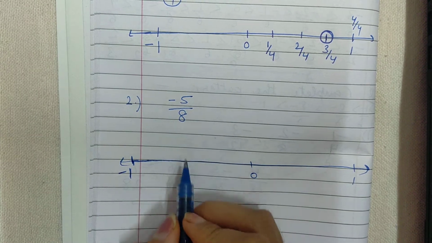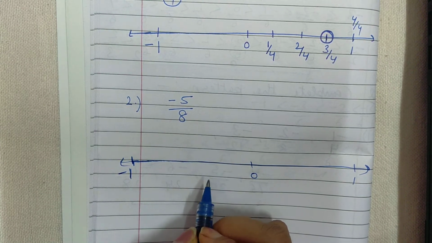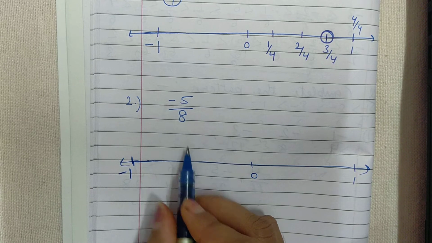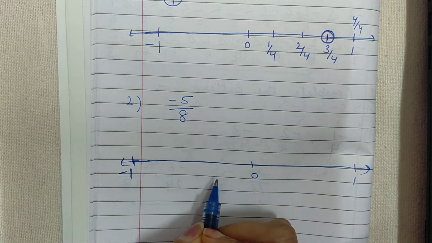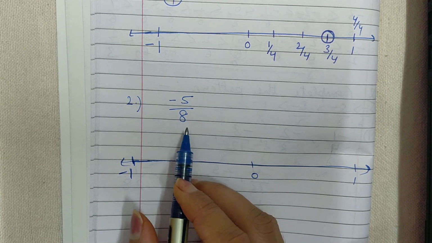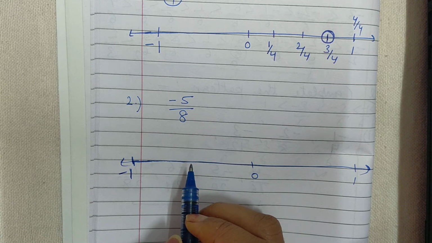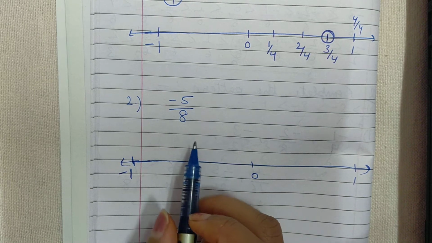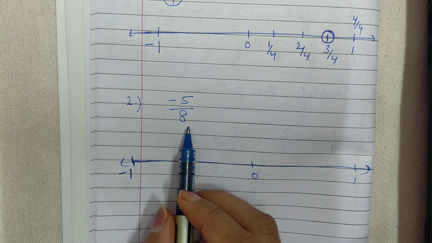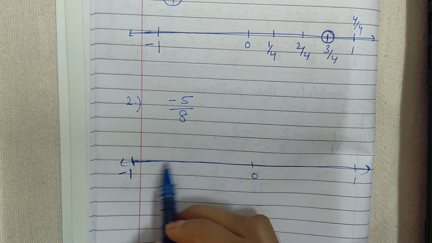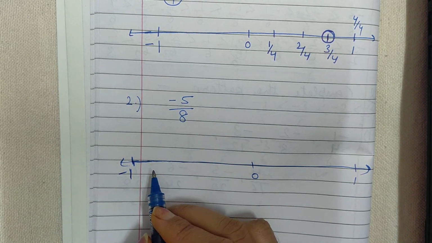Denominator is 8. So we will divide it into 8 equal parts. Whatever the numerator is, numerator is 5, we will count that many parts. So whatever the denominator is, we have to divide it into that many parts. Denominator is 8, so we will divide it into 8 equal parts.